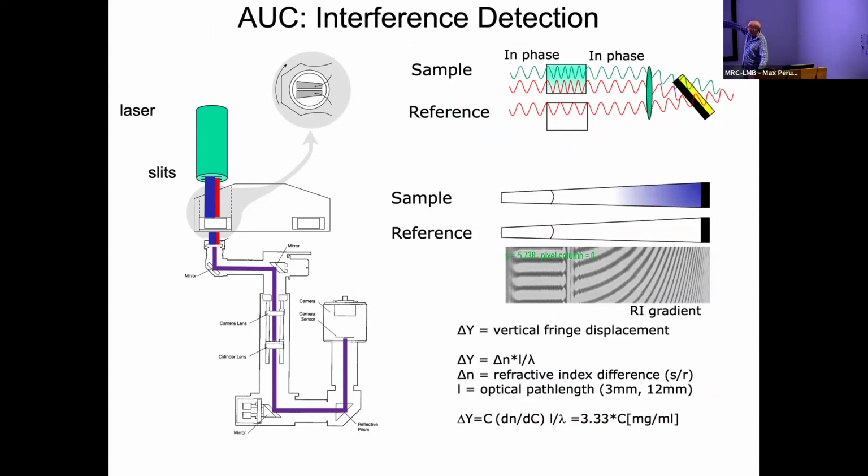How this then curves will depend upon the concentration difference against the wavelength, and that's then related down here at the bottom to a universal constant for the protein to give you what the concentration is. So we can work out what the concentration is across that sector there.